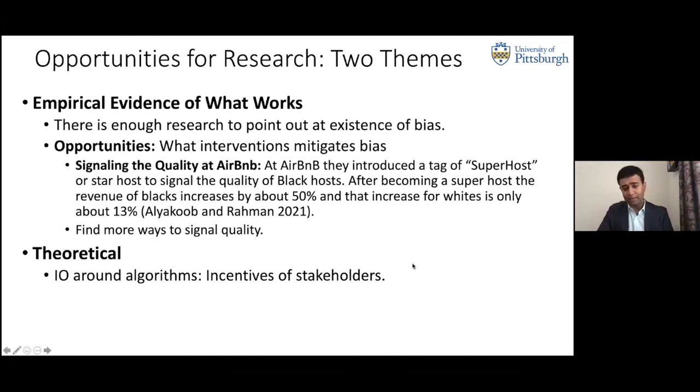Another one is the theoretical gap, which is my favorite because I am a theoretical researcher. I use tools of game theory and other economics tools to analyze problems. Because most of the literature is coming from computer science, they typically don't incorporate the incentives of other stakeholders. For example, if I introduce a fairness notion, how will it change the incentive of the algorithm designer?